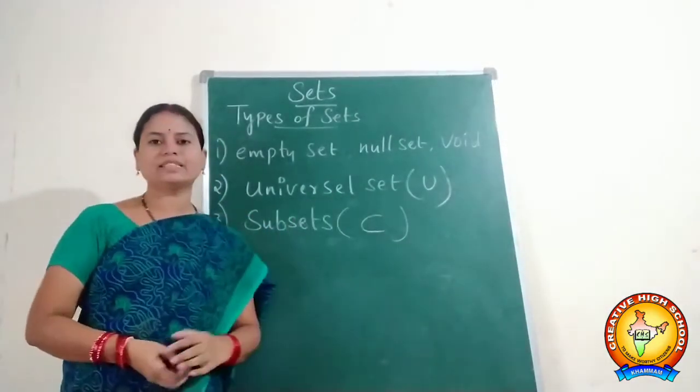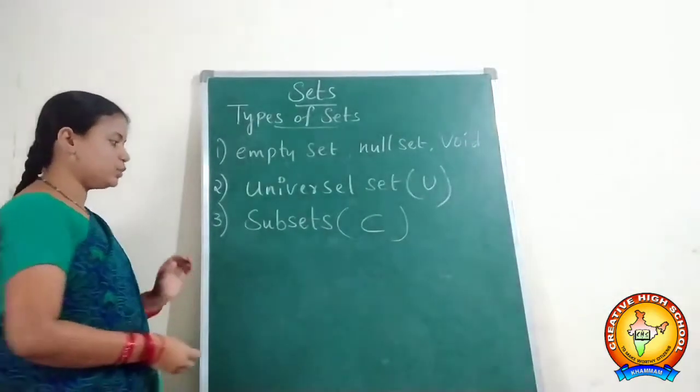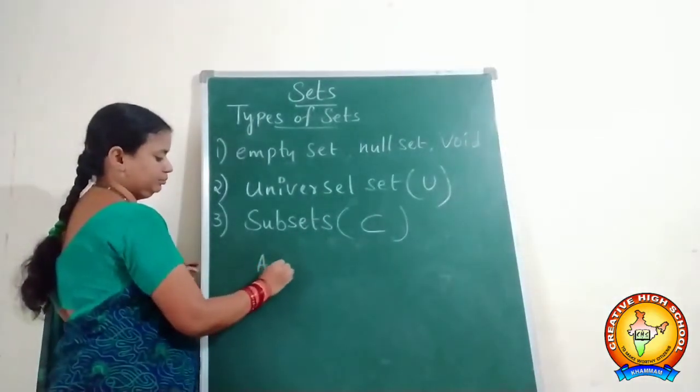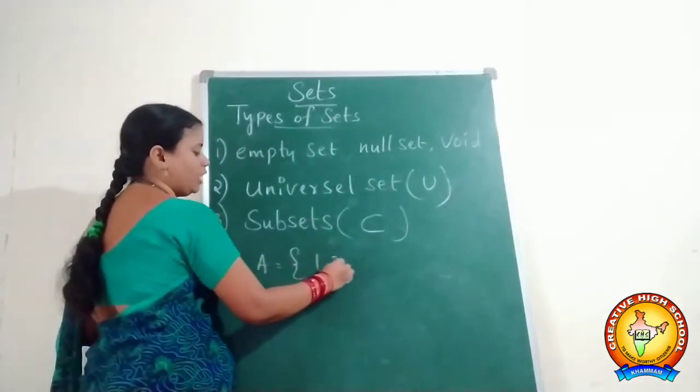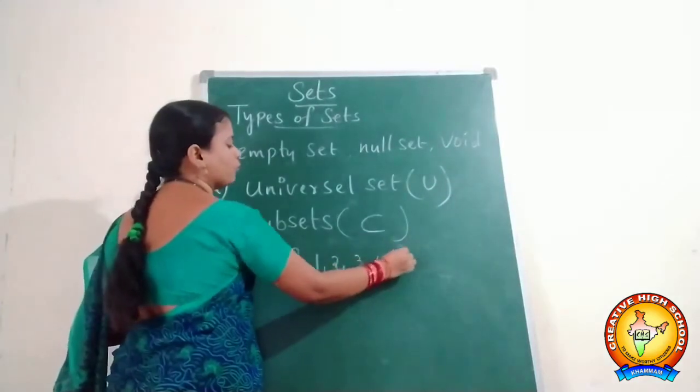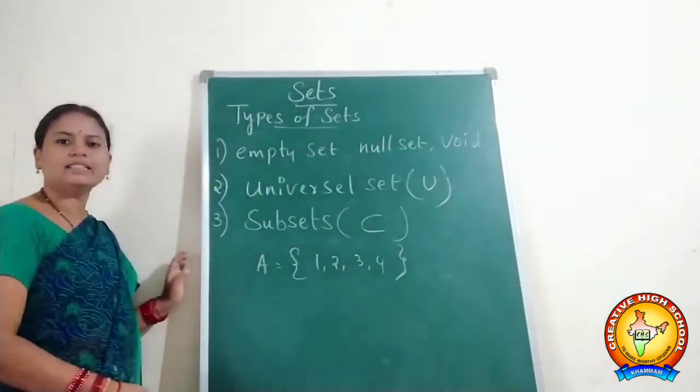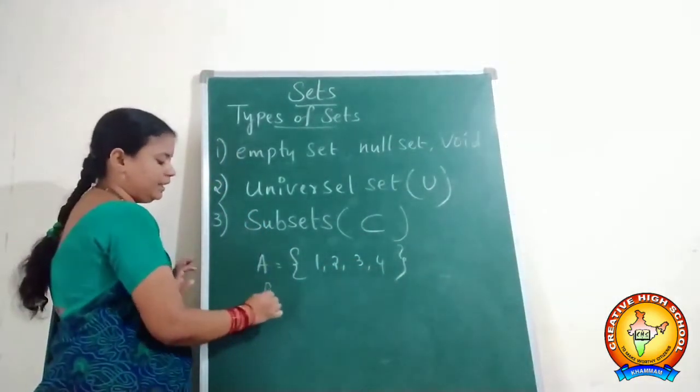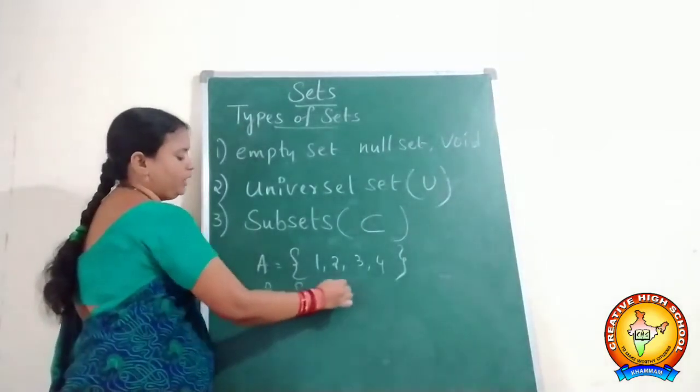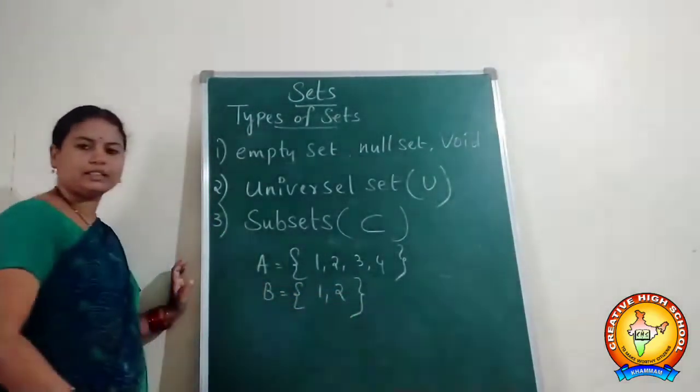First, universal set. Here I am taking two sets: the elements 1, 2, 3, 4 are present in set A, and in set B only 1, 2 elements are present.